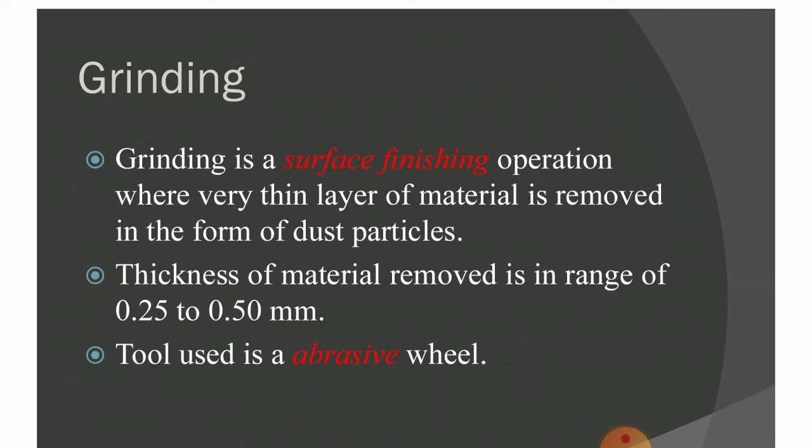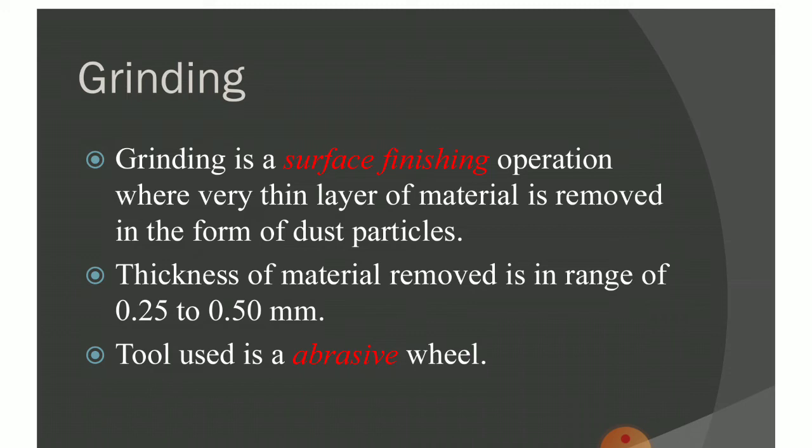A very fractional quantity of material is removed, right? Generally grinding is performed at the end of most machining operations, and the thickness of material removed is in the range of 0.25 to 0.5 millimeter. The tool used is an abrasive wheel.